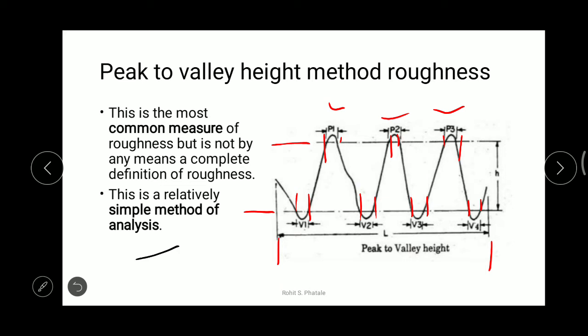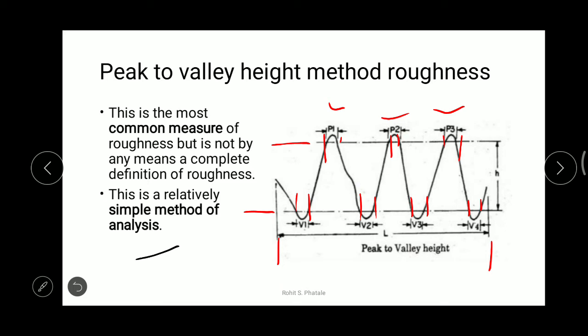So in this method the maximum depth is accepted as the measure of roughness. Whatever the maximum depth is, that we will consider in this peak and valley method, and that will be accepted as the measure of roughness. The disadvantage of this method is that it reads the same height h for two largely different textures.